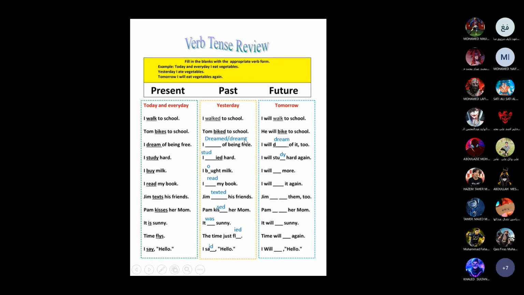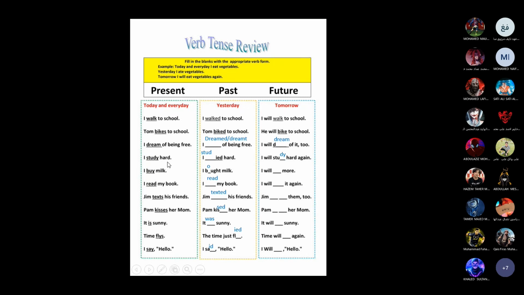That form, or that spelling, is correct and that one is correct too. Both of them form the past form. So I dreamed of being free yesterday. If you want to change it to the future, all you have to do is just add will. I will dream of being free tomorrow. So simple.